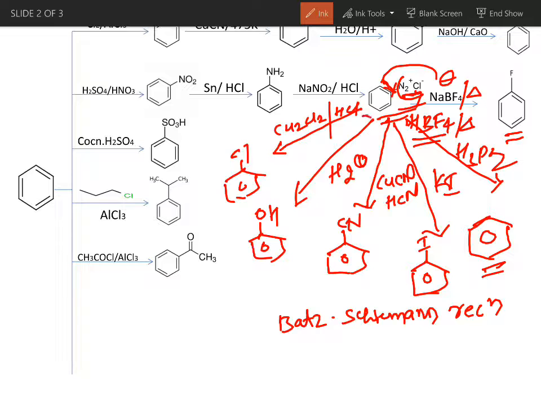Where benzene diazonium chloride is converted into chlorobenzene by using cuprous chloride and hydrochloric acid, this reaction is called the Sandmeyer reaction.